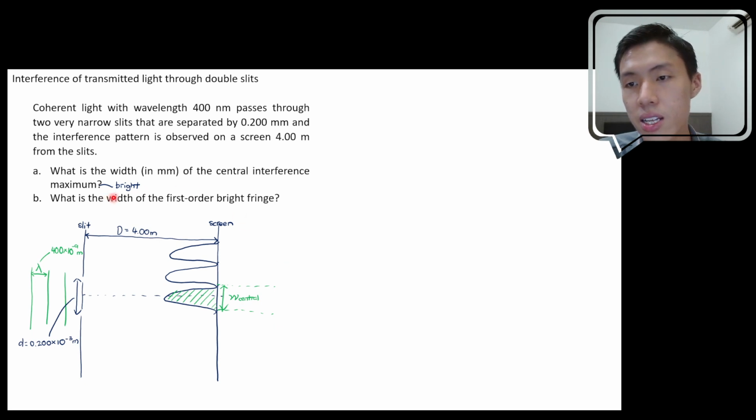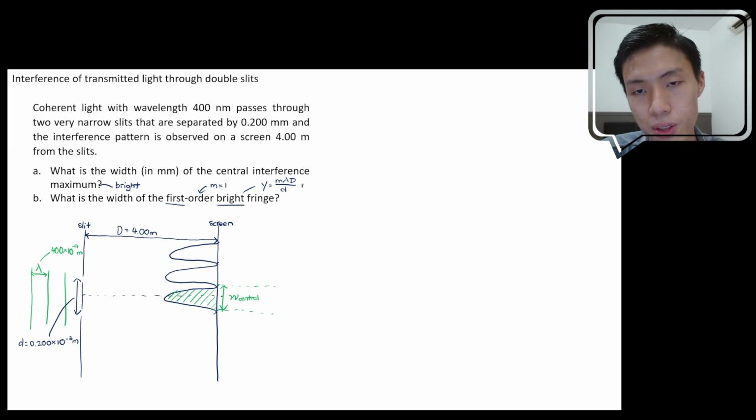Next they ask for the width of the first order bright fringe. If you look at the word order here, immediately you should think that this value here is m. Because it's first, m is equal to 1. If you're talking about interference of a double slit, the equation for bright is y equals m lambda D over d.